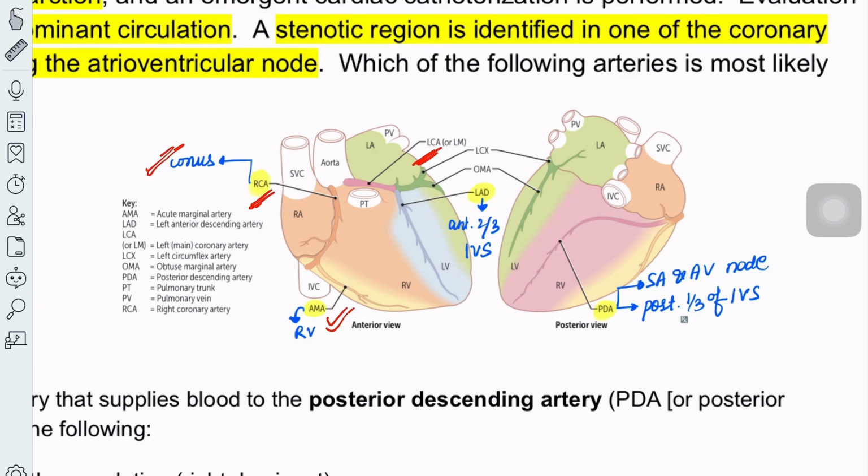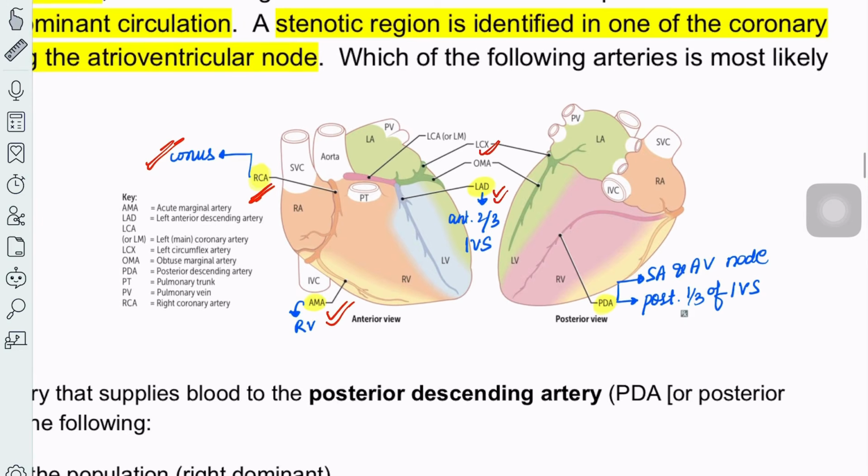So the left coronary artery gives two branches. First is the left anterior descending artery, which is the most common artery to be occluded, and it is also known as the widow's artery. This supplies the anterior 2/3 of the interventricular septum and the major portion of the left ventricle. And the second branch is the left circumflex artery, which goes posteriorly, and if the circulation is left dominant, it gives off the posterior descending branch which supplies the SA node, AV node and the posterior 1/3 of the interventricular septum.